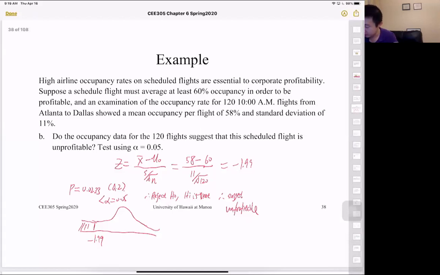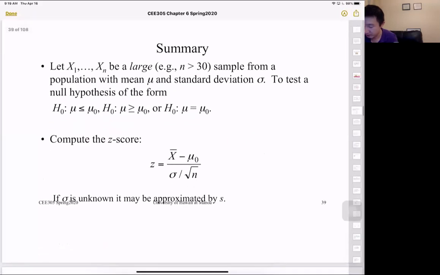So in summary, here is the procedure. If the sample size is large, there are some other equations depending on the situation, such as small sample size and what the question asks. But here in section 6.1, for a large sample coming from a population with a mean value and a standard deviation of sigma, H0 is set up as these three scenarios: mu less or equal to mu 0, larger or equal to, or equal to.